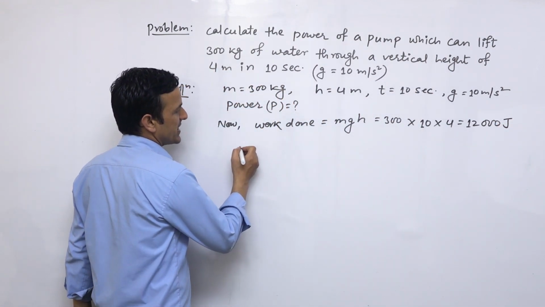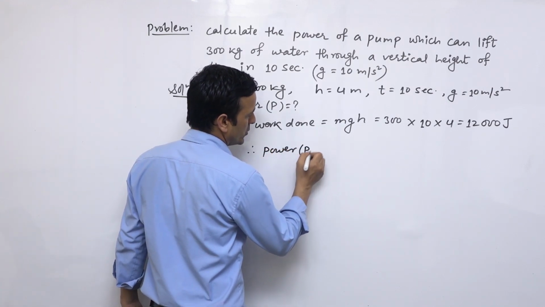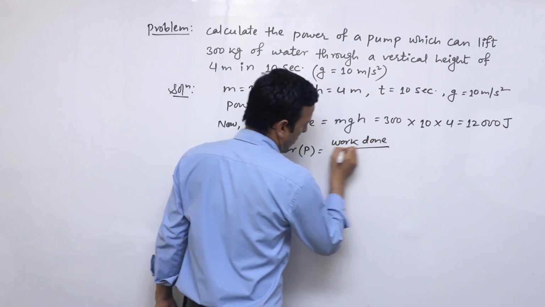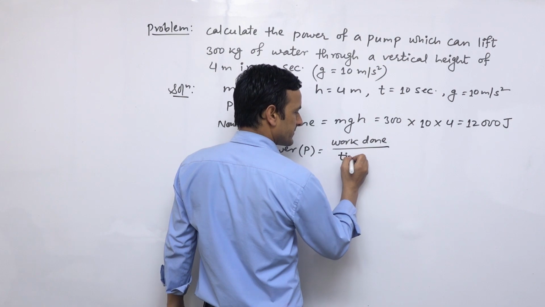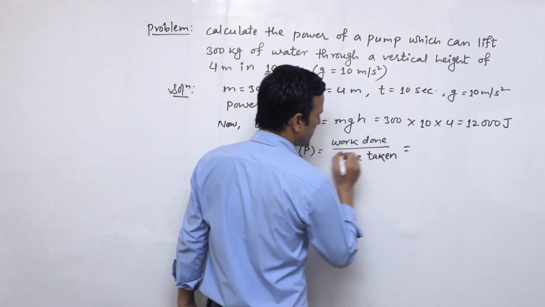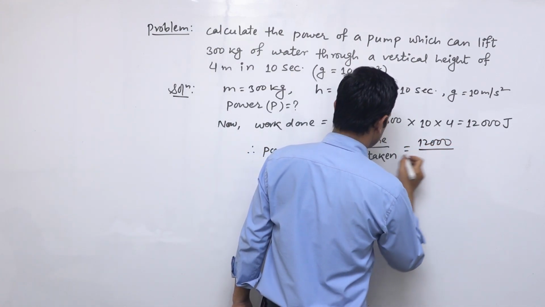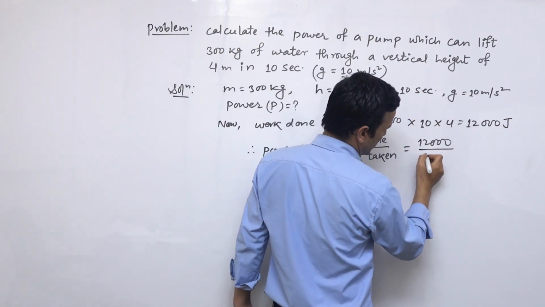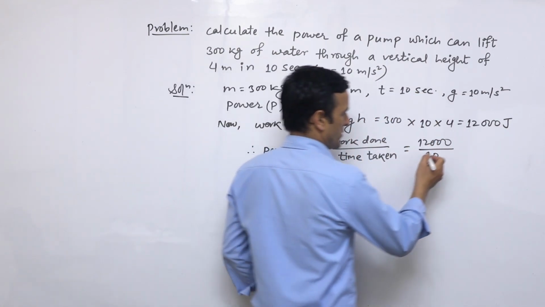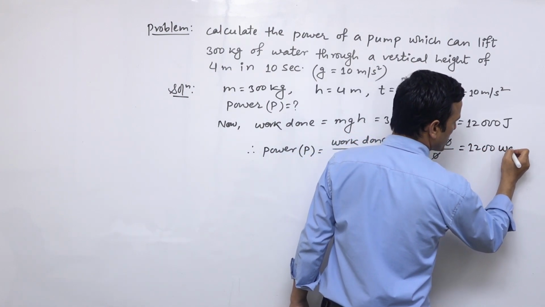And now we can find out, therefore, power P is equal to work done by time taken. Work done by time taken, and work done is 12,000 and the time taken is only 10 seconds. So if you cut down the 0, then we'll get 1200 watt.